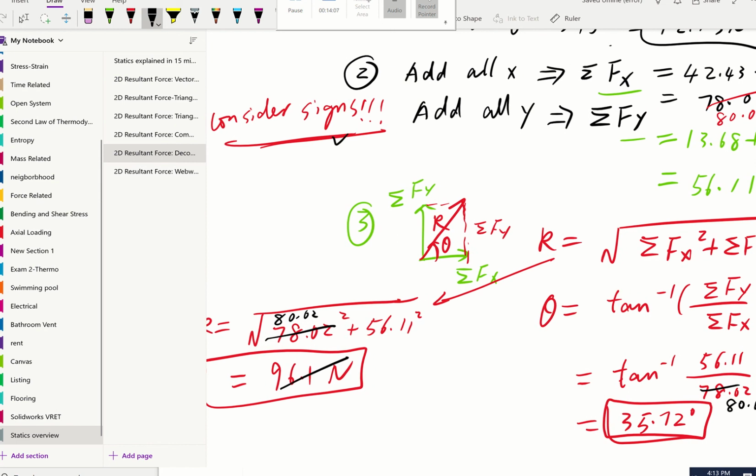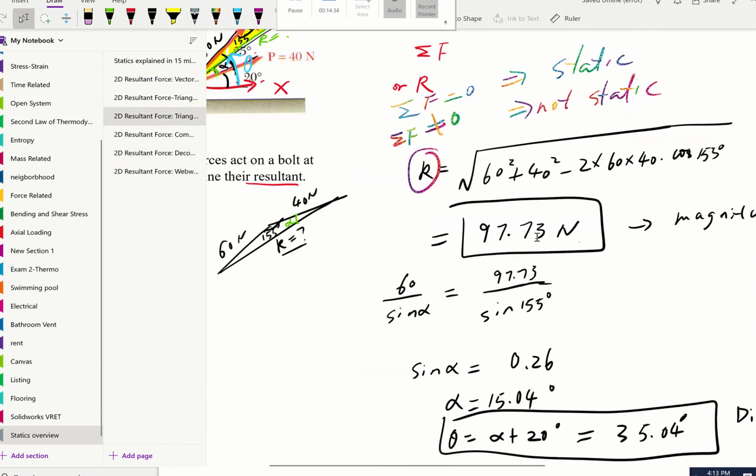We'll have 80.02 squared plus 56.11 squared, and we'll take a square root of that, and I will get 97.73. Woohoo! Because that's exactly the same answer we had over here using the triangular rule. Now we're convinced, right?